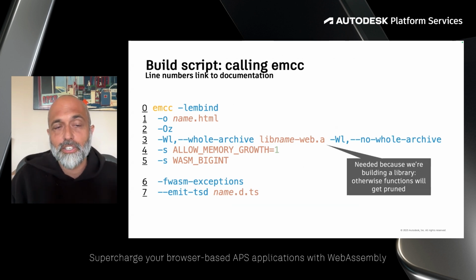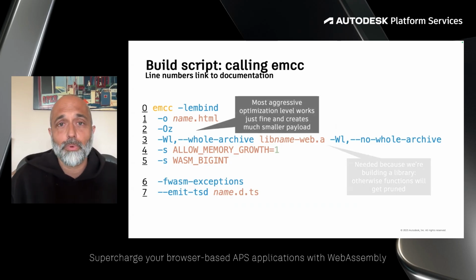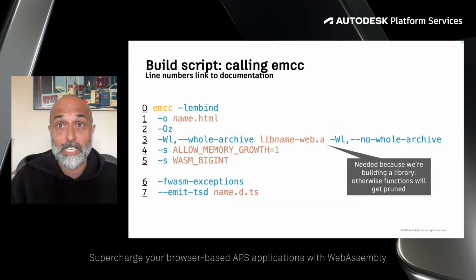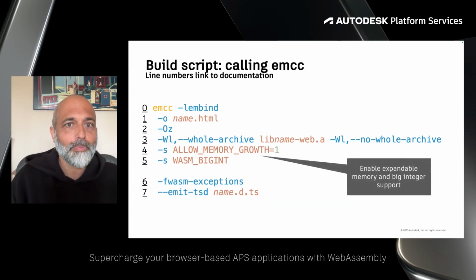So we're essentially using the whole archive flag to specify that for this particular input file, we don't want to optimize it. That's very important as well, because otherwise what you're going to end up getting is a really small WebAssembly package that doesn't do anything at all.